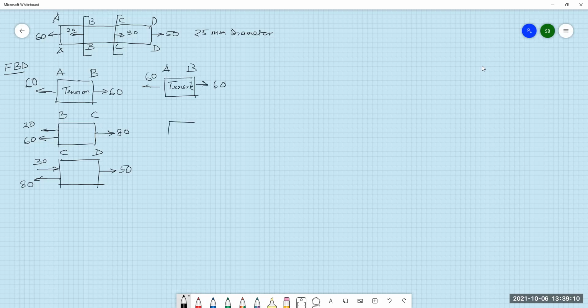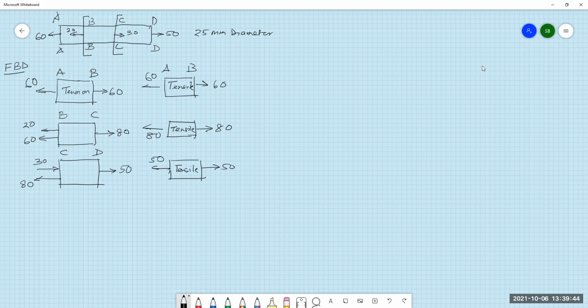From B to C, it's carrying tensile load 80 to 80, both sides tensile. And from C to D, we have tensile load 50 as well as 50 here. Both are tensile. So as all three portions of the bar, between the different sections, are subjected to tensile force, the bar will elongate accordingly.